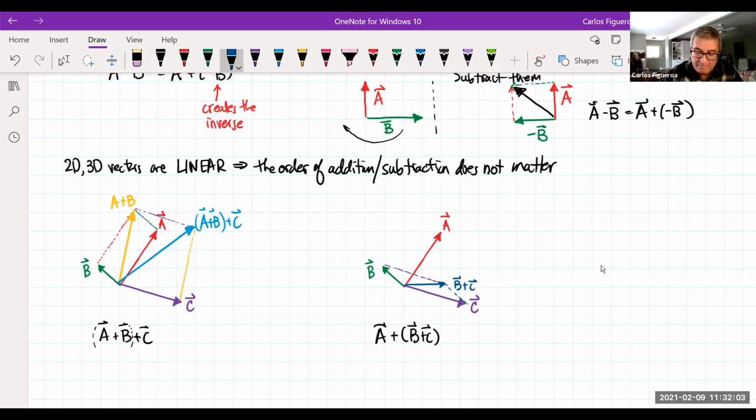Now I'm going to add B plus C to A. If I take my blue here, it's going to look pretty close to parallel, something like this. And then I'm going to take my red and try to be parallel here.